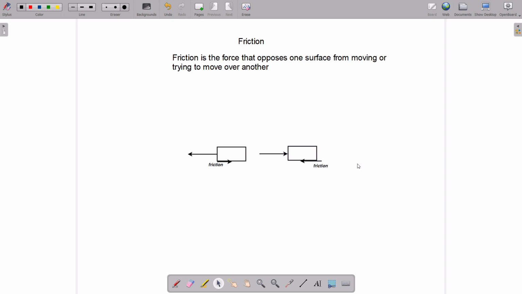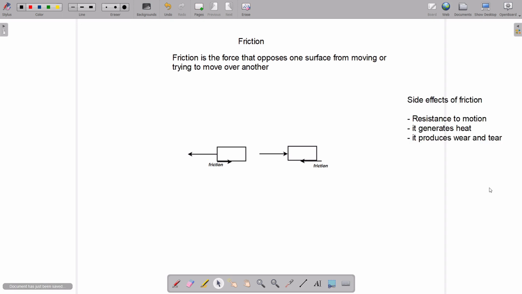So then we can clearly see that friction is very advantageous because it helps us in doing a number of things. Friction though has side effects too. What are some of these side effects of friction that I want you to take note of? Some side effects of friction include resistance to motion.